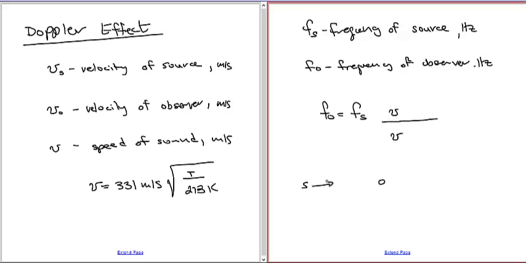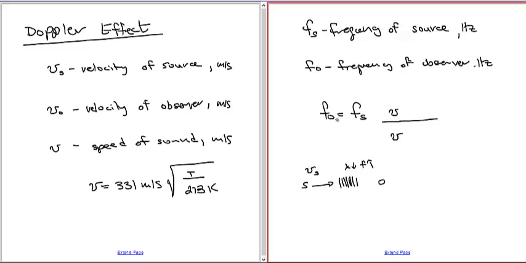If the source is moving towards the observer, then the wavelengths are going to be compressed, which means lambda is going down. The wavelength's getting smaller because the waves are piling up on each other, and that means the frequency goes up. And if you think about something going by you, you hear doo doo doo doo. So it's a higher frequency.